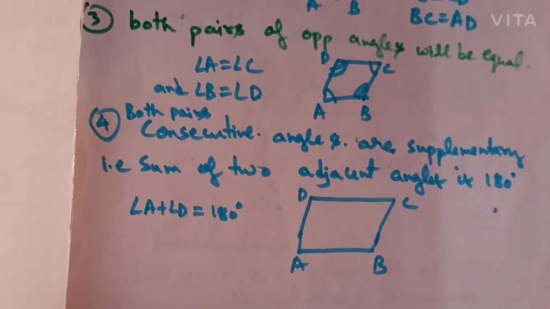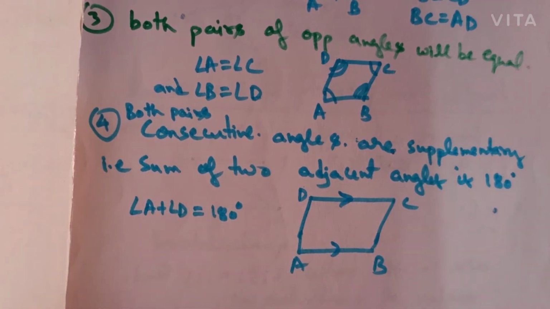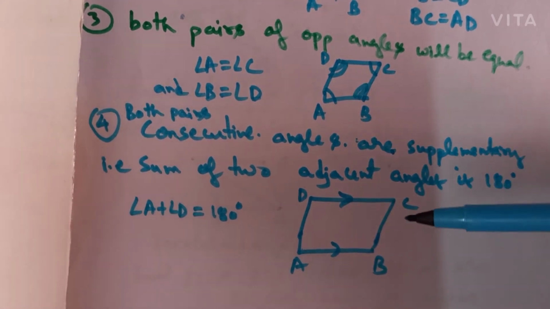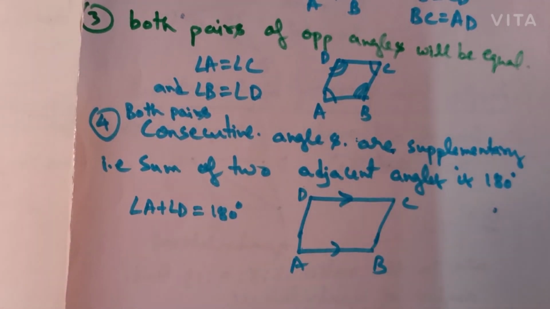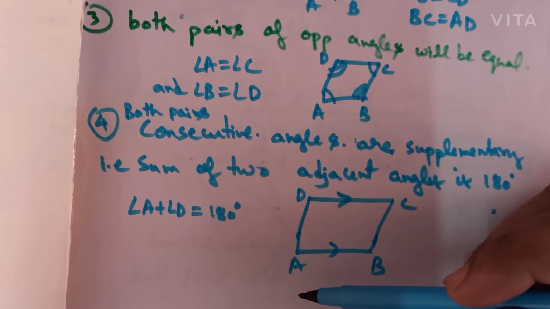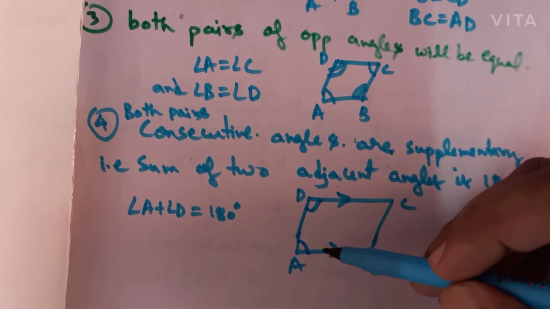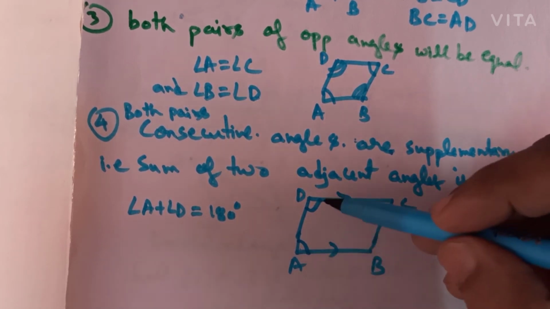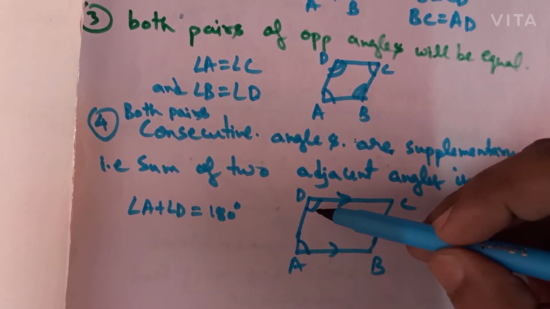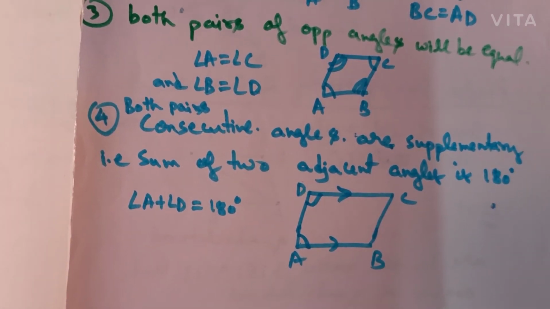Why? Because as we know that in a parallelogram, the opposite sides are parallel to each other, and if the opposite sides are parallel to each other, let's say AB and CD are the two parallel lines and AD is the transversal which is intersecting the two parallel lines at A and D. Then a transversal intersecting two parallel lines, the consecutive interior angles or the co-interior angles are supplementary.